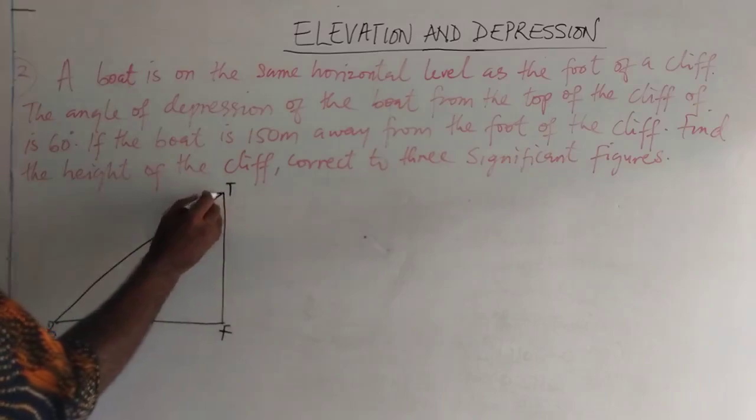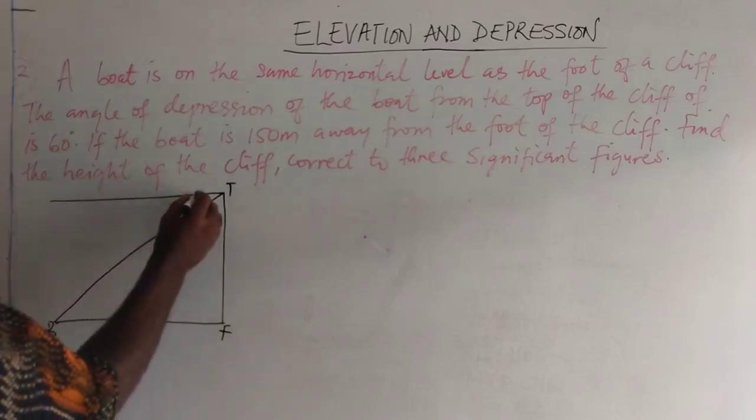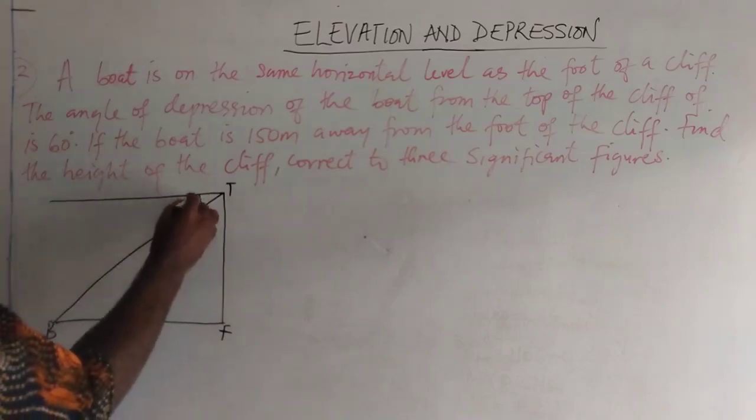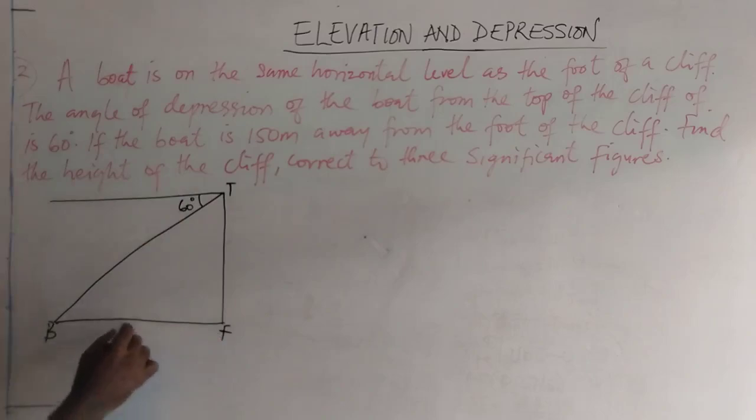And every observer must have a normal, a straight horizontal line. Then the angle of depression is between the normal and the depression line, which is 60 degrees. The distance between the boat and the foot of the cliff is 150 meters. That's the diagram.